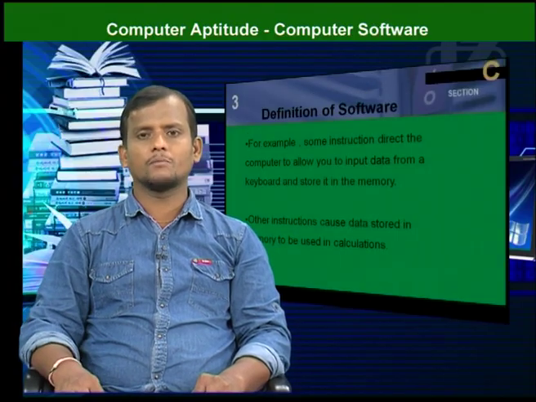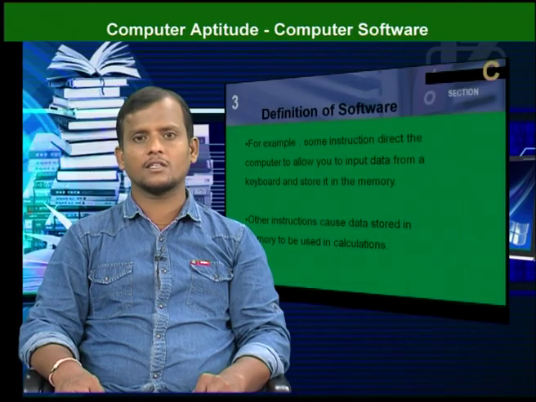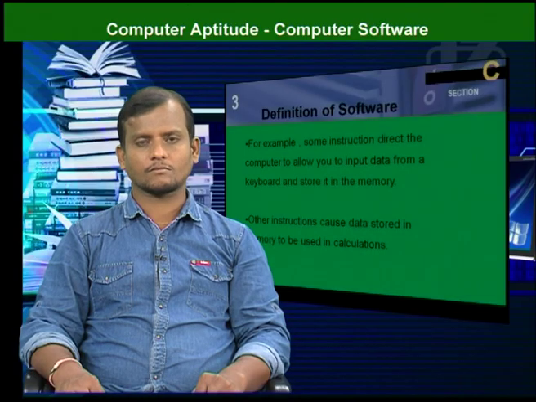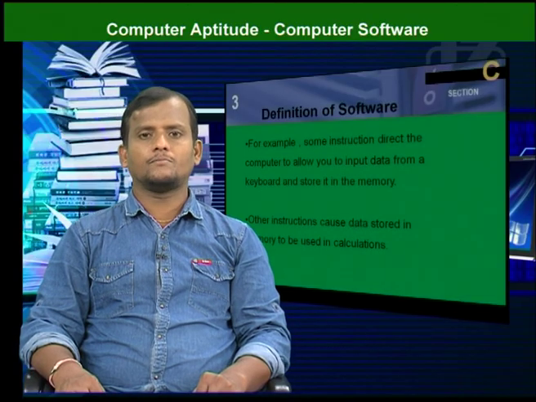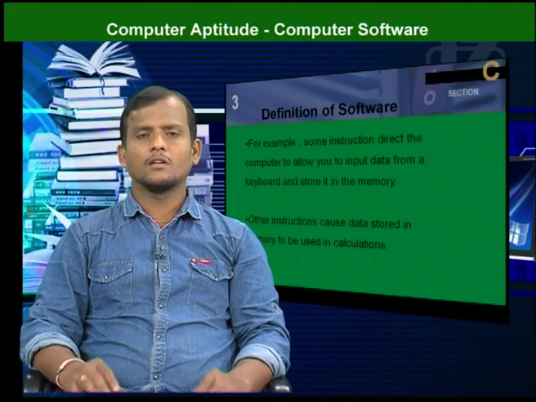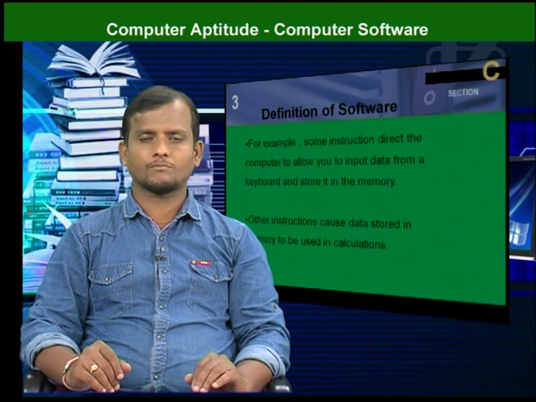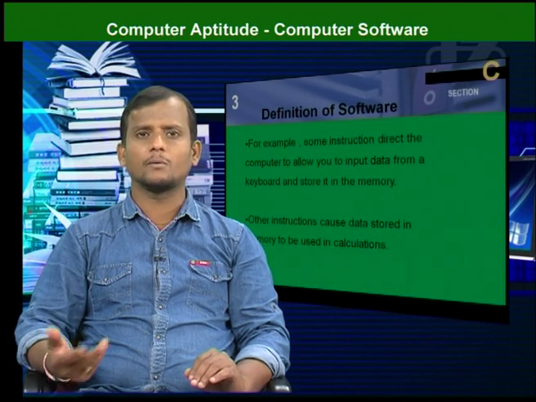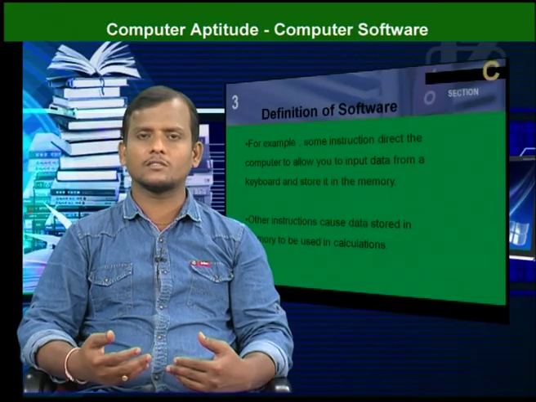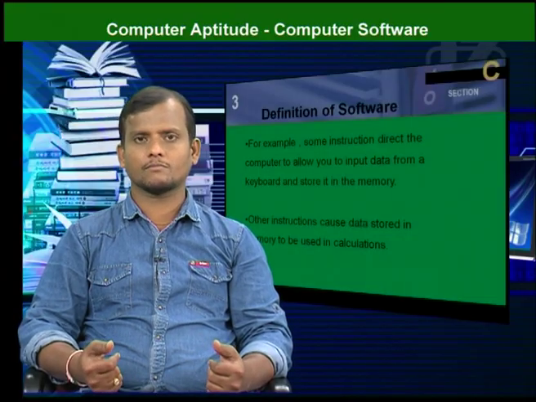For example, some instructions direct the computer to allow you to input data from a keyboard and store it in memory. Other instructions cause data stored in memory to be used in calculation. For example, you will type something. When you are typing something, that is an input. You are giving input to a computer.